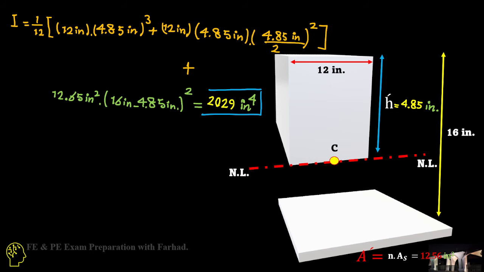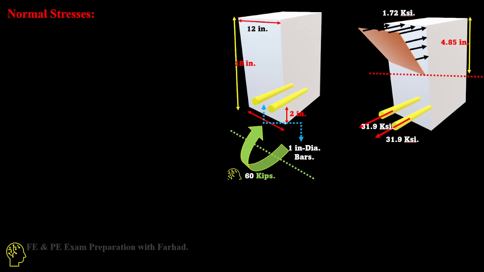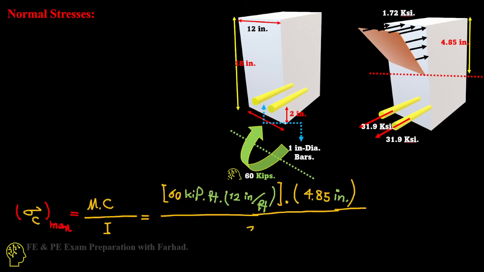For calculating the normal stresses, let's go for example for the top part. The sigma concrete maximum applies at the top of the section, which you can see with the arrows. That's sigma maximum, which has the maximum distance from the neutral line, and that's Mc over I based on the bending formula.